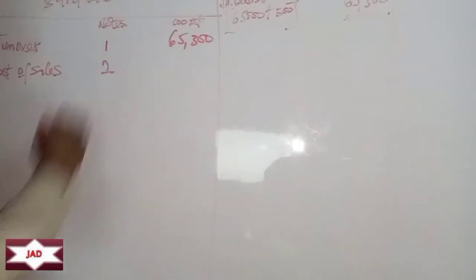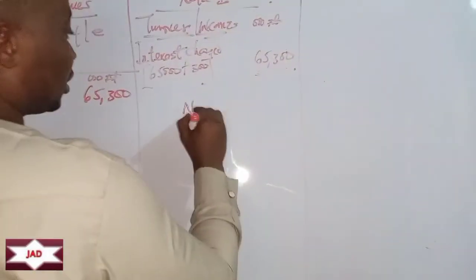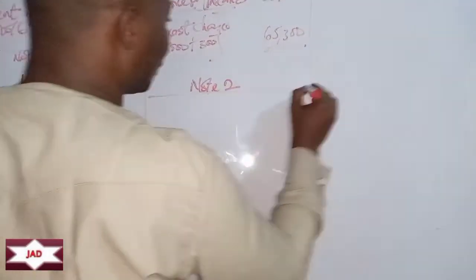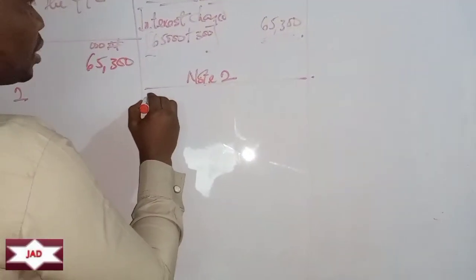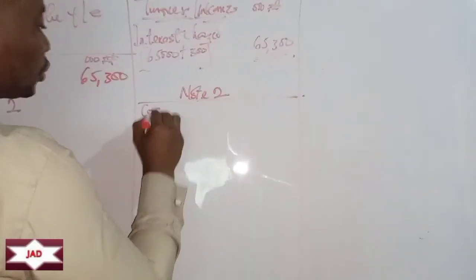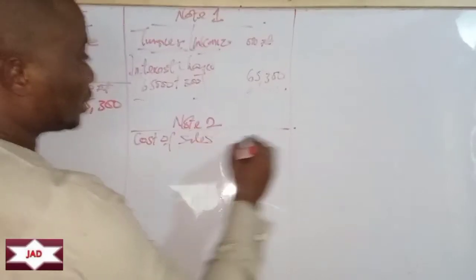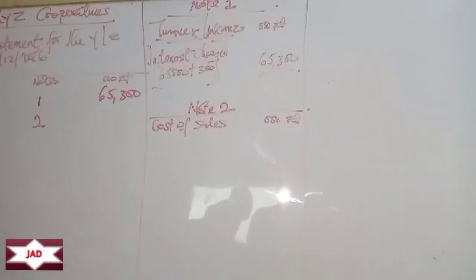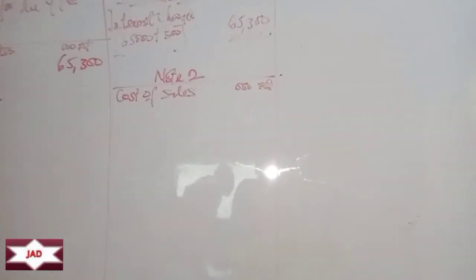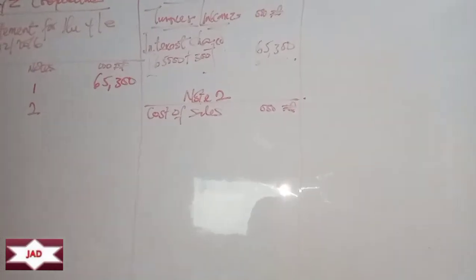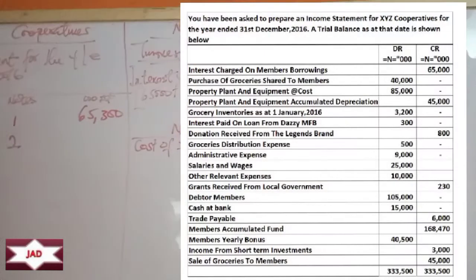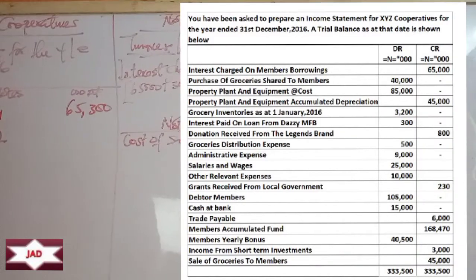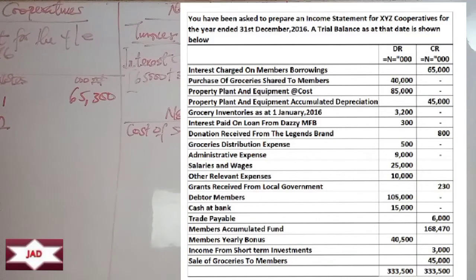So we have cost of sales. So what's your cost of sales there? So let's call it note 2. So we have cost of sales. So typically, what are those direct cost items? What are those costs that have been incurred on the day-to-day running of the business?